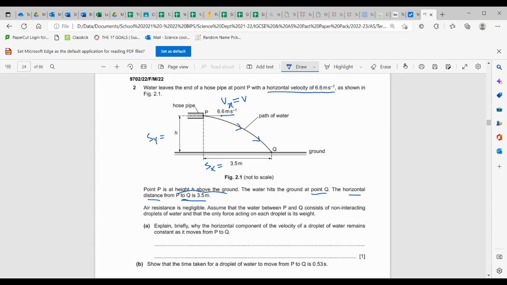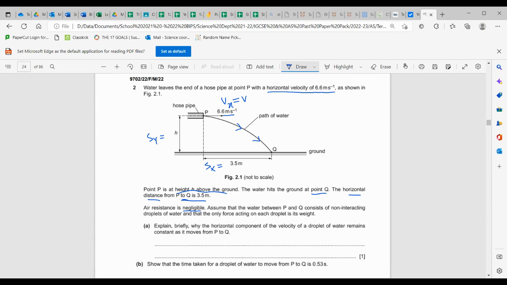Now let's move ahead. Air resistance is negligible. Whenever we read this, it should immediately come to our mind how it translates in terms of velocities in our question. Since we can clearly see this is a situation of motion in two dimensions, because water is traveling both along the x and the y directions.